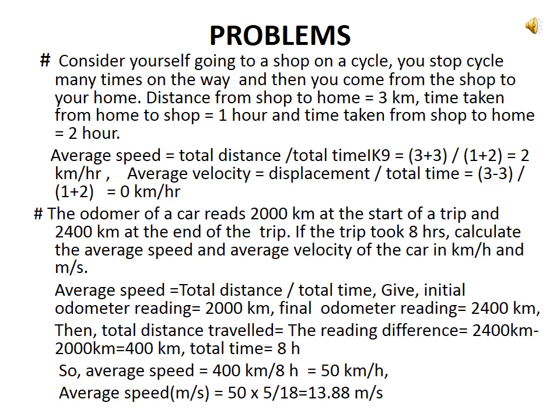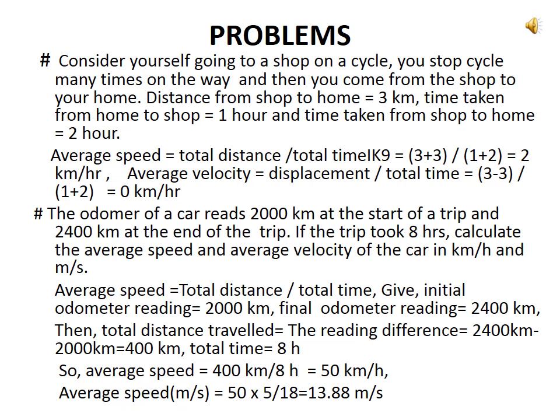The journey to the shop is 3 kilometers and the return journey is also 3 kilometers, so the total is 6 kilometers. Total time is 1 hour plus 2 hours, which is 3 hours. Then average speed is equal to 6 divided by 3, that is 2 kilometers per hour.